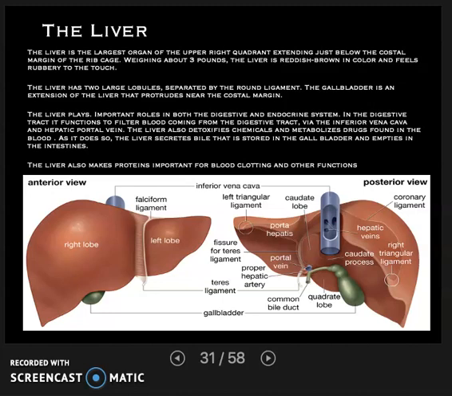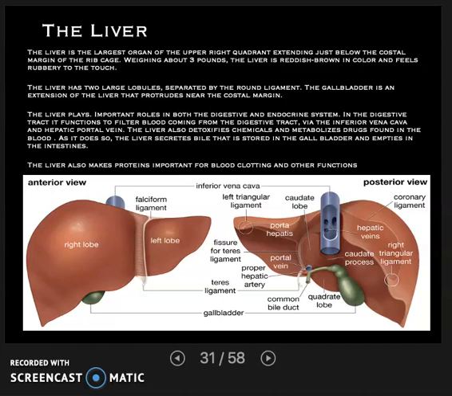You can have 2/3 of it removed and pieces will grow back. It's critical for cleaning your blood out. It's critical for the storage of sugars. It's critical for the detoxification of toxic substances in your body, like peroxide. And again, it's organized into these structures called acini.